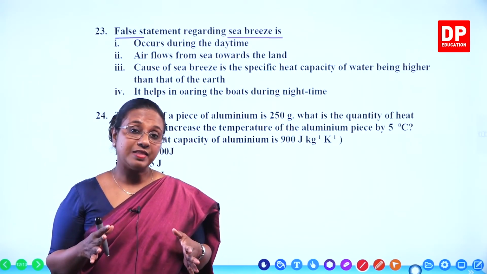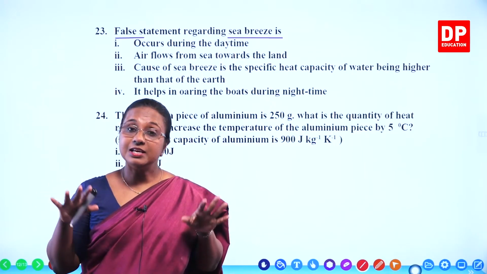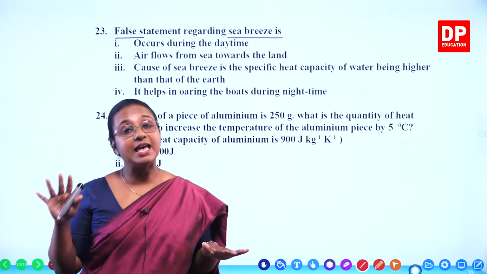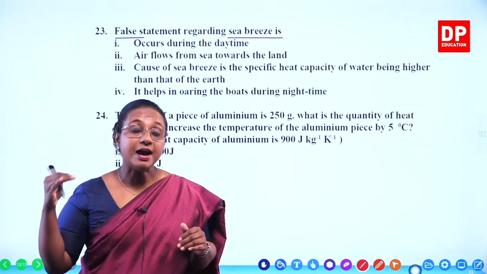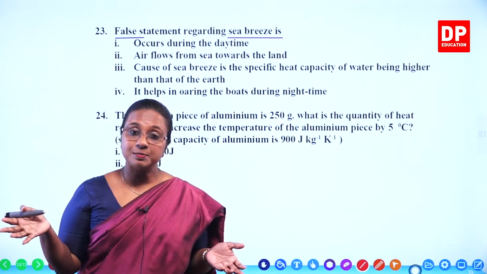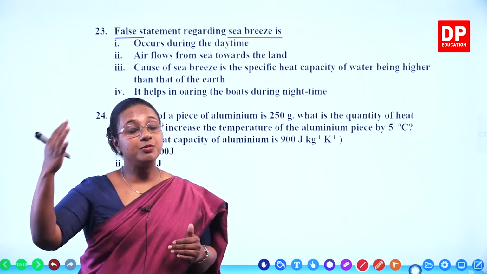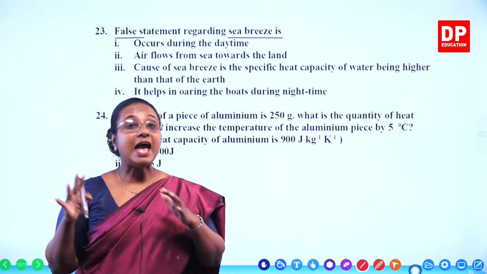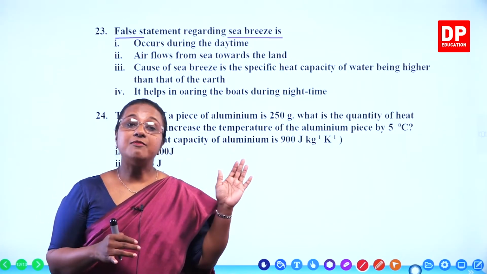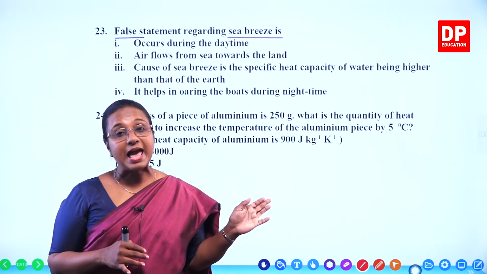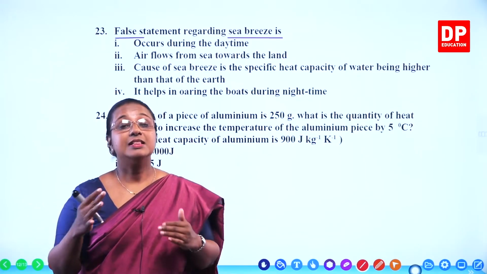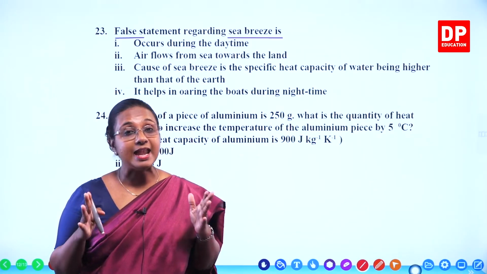So because of that, although both land and sea cool down during the night time, land cools faster than the sea. So the air above the sea will be warm, and because of that it expands, it rises up due to the decrease in density, and the pressure of air above sea will decrease. Therefore, the cool air from land will move towards the sea. That is what we call land breeze.